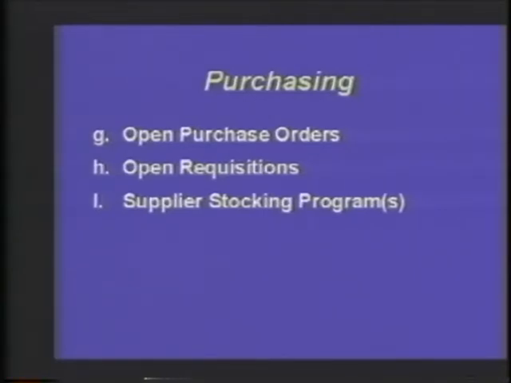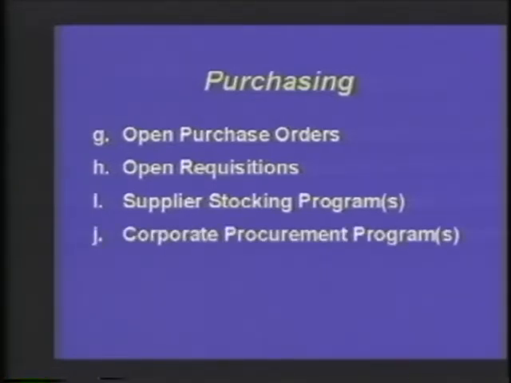Where we would have more than one facility, and let's say a medium or large size company where we want to pool our purchasing requirements, then J would represent corporate procurement programs. But in order to make that a successful corporate procurement program, as I mentioned earlier, you're going to have the same part number used by the 2 or more facilities that are going to support corporate procurement.